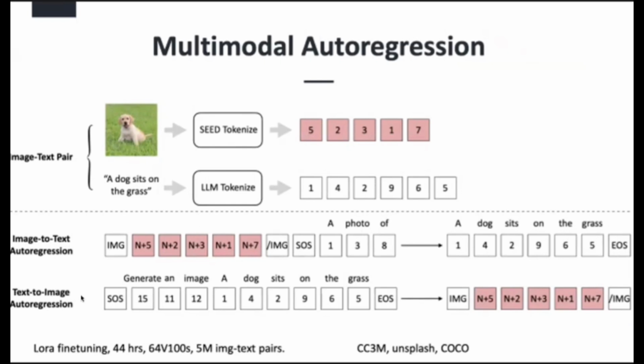Also, for the text-to-image generation task, the input tokens are the text tokens, and the output tokens are image tokens. They fine-tune the large language model with LoRA and train with 5 million image-text pairs in CC3M, Unsplash, and COCO, such image caption datasets.